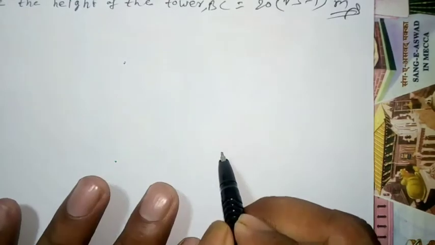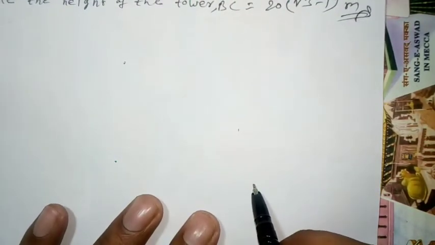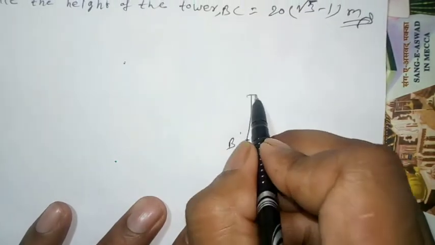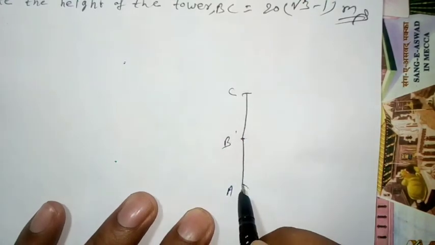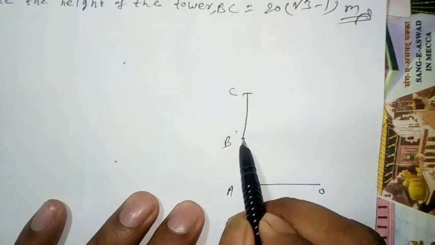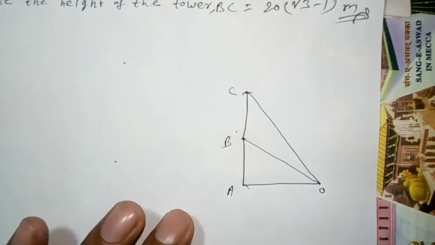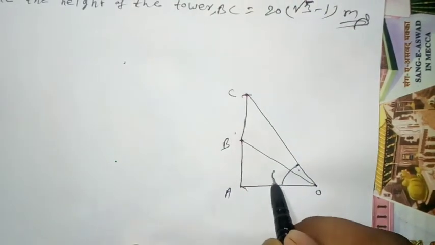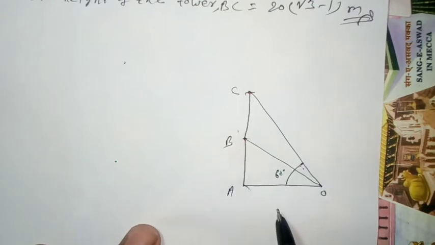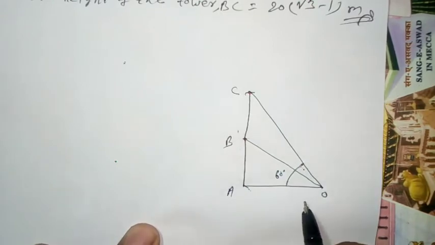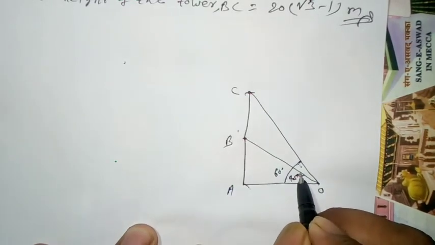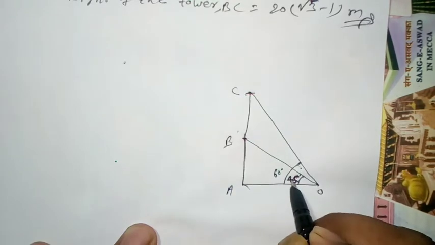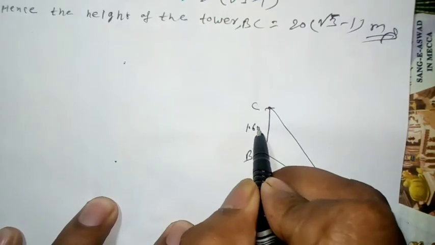Now, suppose AB is a pedestal and BC is a statue, and on the point O on the ground, the angle of elevation of the top of the statue is 60 degrees and the top of the pedestal is 45 degrees. Also, the height of the statue is 1.6 meters.